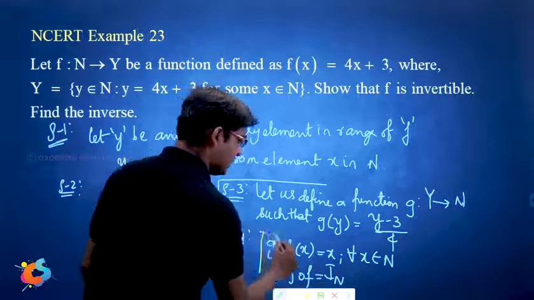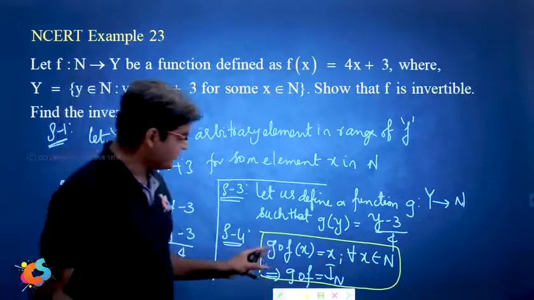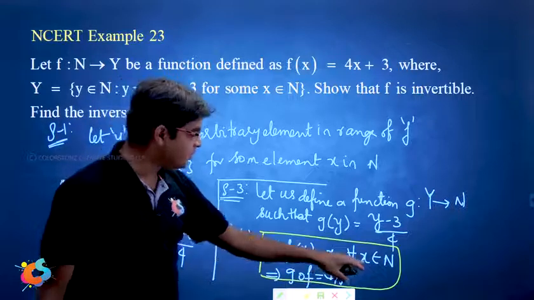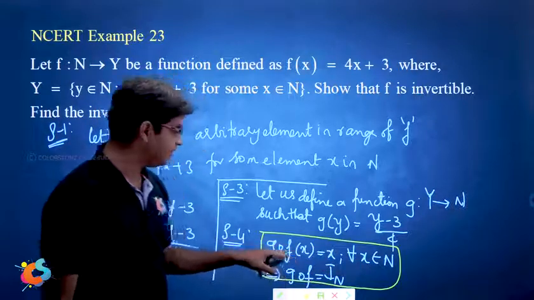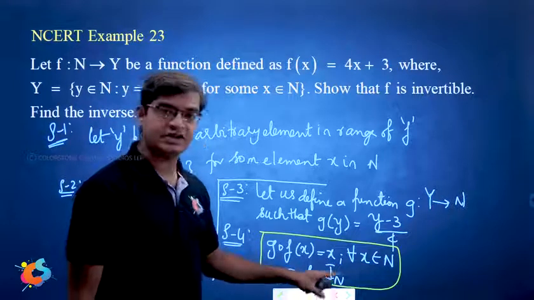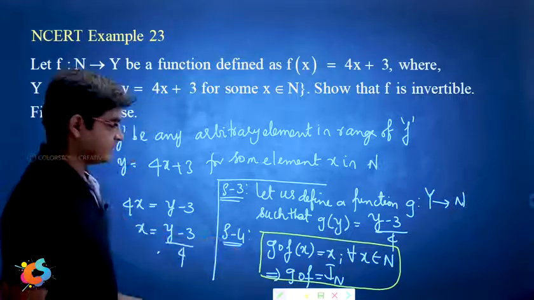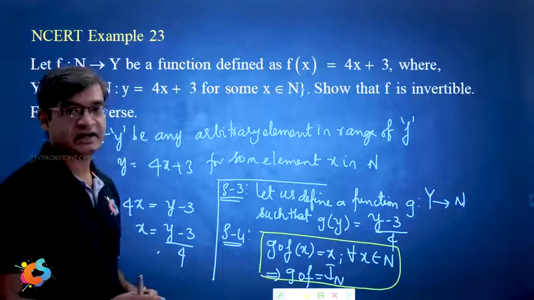This you have to write after finding g circle f of x is equal to x. So this will be one thing, that is finding g circle f is an identity function.